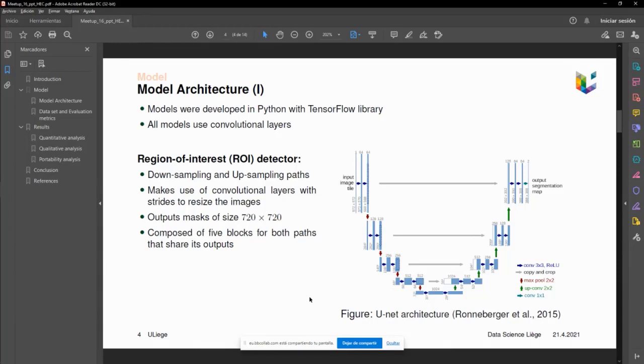In the original paper, the researchers were using max pooling and upsampling layers, but in this case, we decided to focus on convolutional layers with strides, so that the dimensionality operation is changed to a learnable process. This image segmentation model outputs a mask of size 720 by 720.